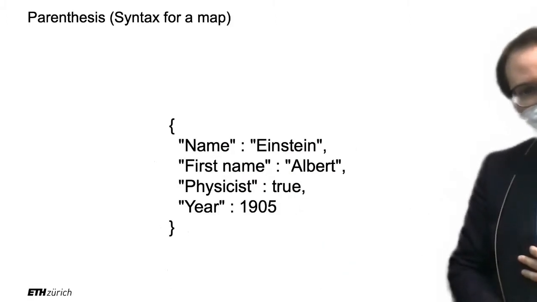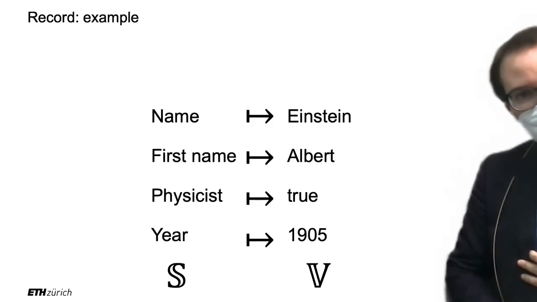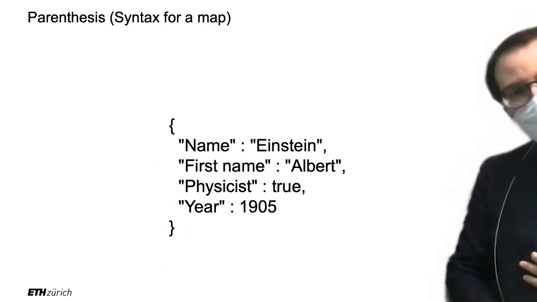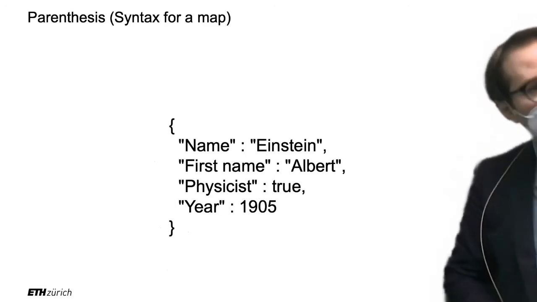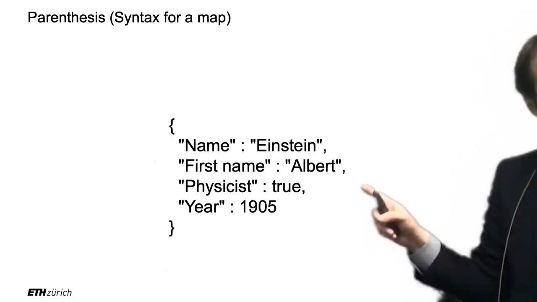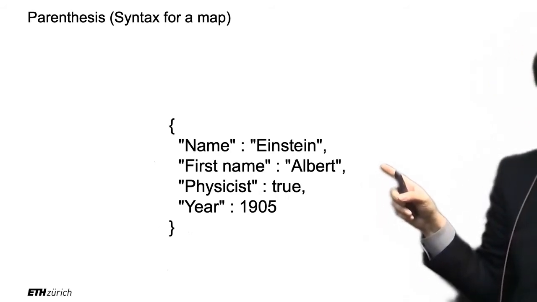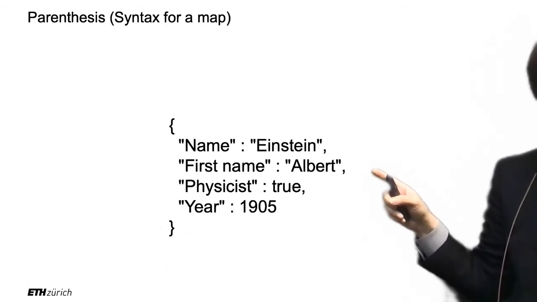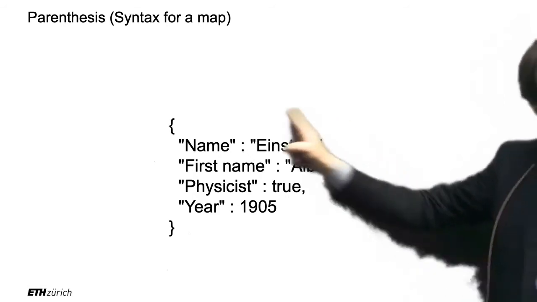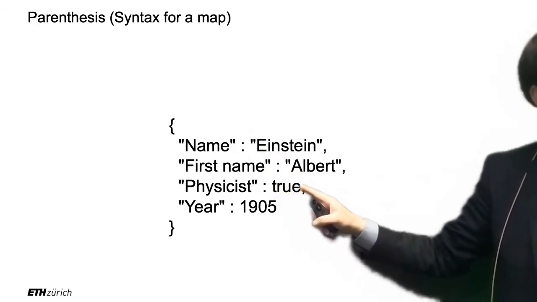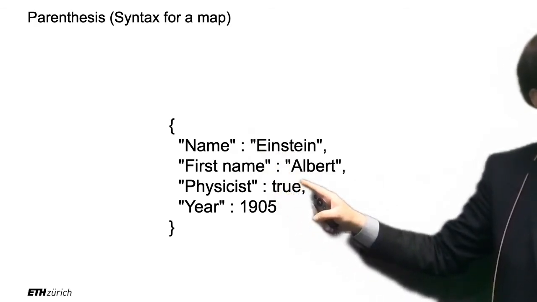There is, in fact, a syntax. So this is the same thing, right? This would be the mathematics way of putting it. This would be a textual way of putting it. Does anybody recognize this syntax? What is this? Yes? Yes, that would be a Python dictionary, absolutely. Do you know what Python dictionaries are syntactically?